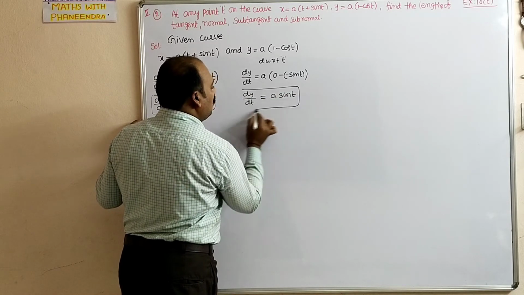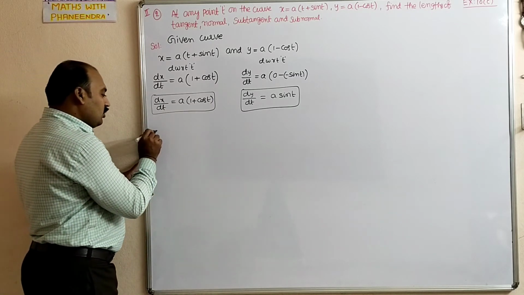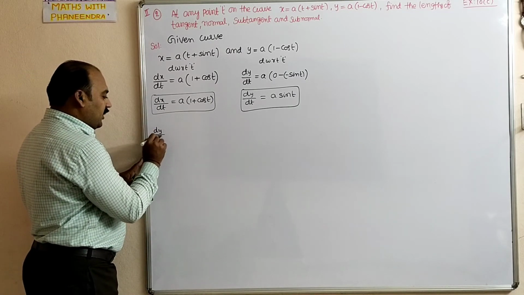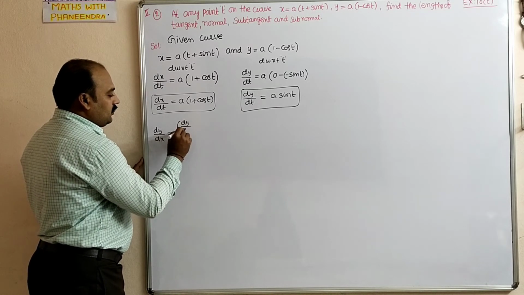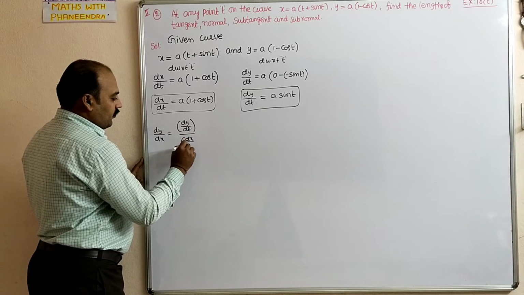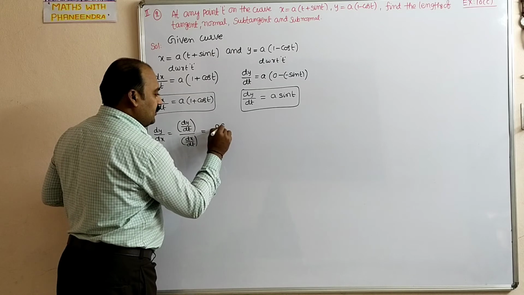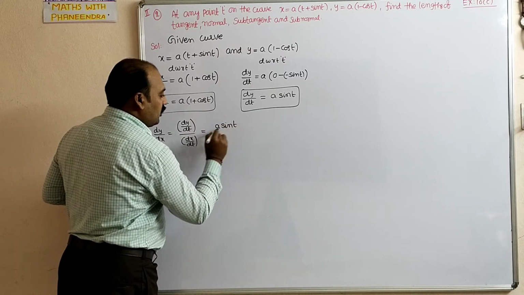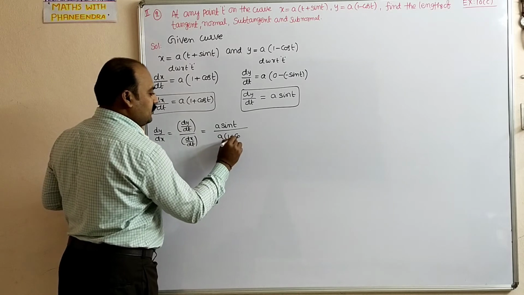After getting the values of dx by dt and dy by dt, we need to calculate dy by dx, which is equal to dy by dt whole divided by dx by dt. So dy by dt is a sin t divided by dx by dt, which is a into 1 plus cos t.